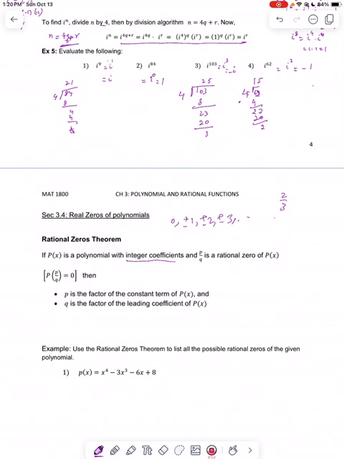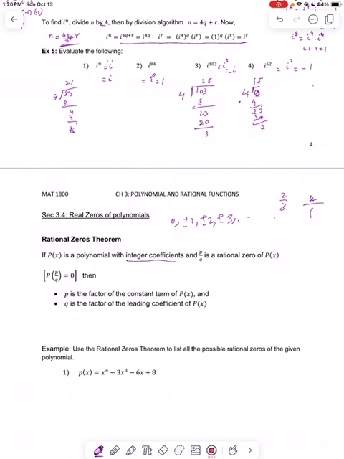Remember, rational numbers are numbers which can be written as a fraction. So all the integers are also rational numbers. Why? Because if you have an integer, you can always put a 1 under it, and that becomes a rational number.